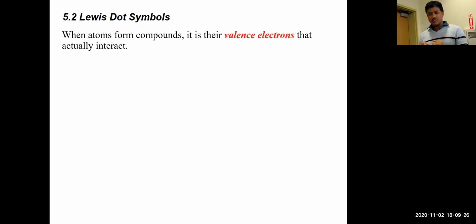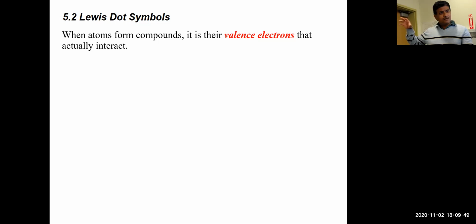So to learn about Lewis dot symbols, first we need to know the basic definition of valence electrons. Valence electrons are the ones that are responsible for forming compounds. That is where Lewis dot symbols come in. You can only start working on Lewis dot symbols when you know how many valence electrons you have and how they are arranged.